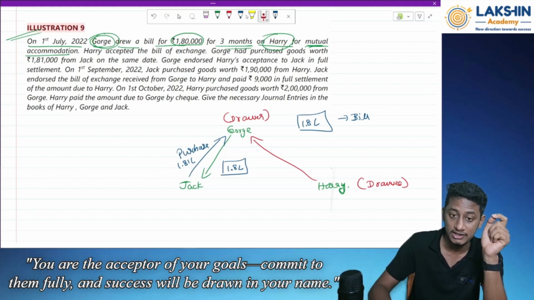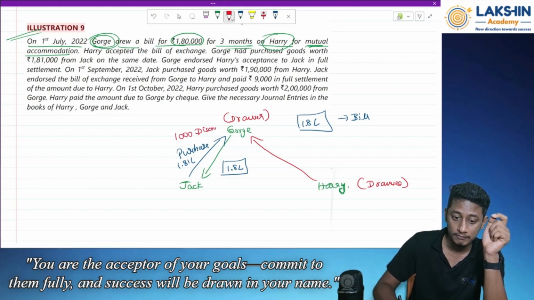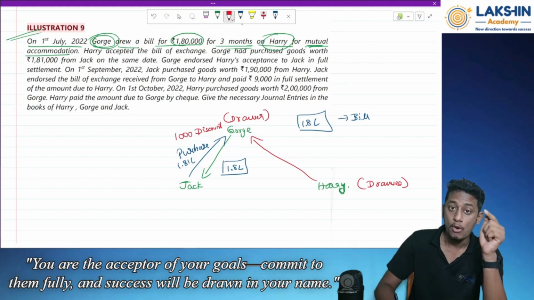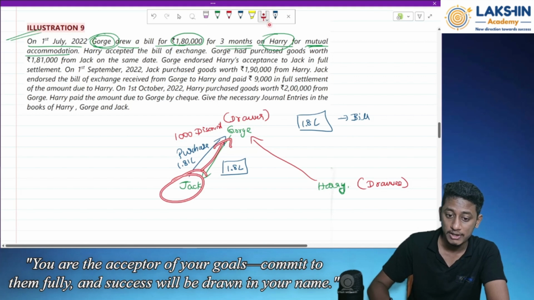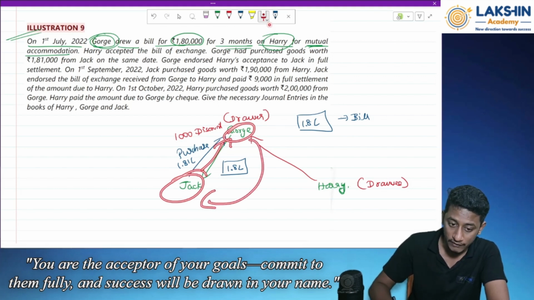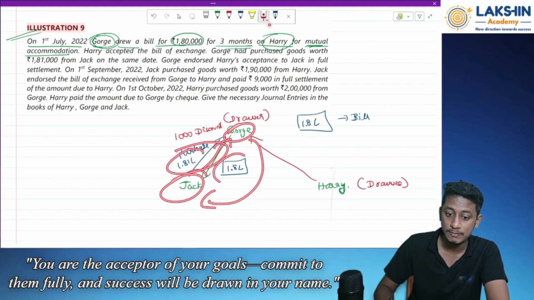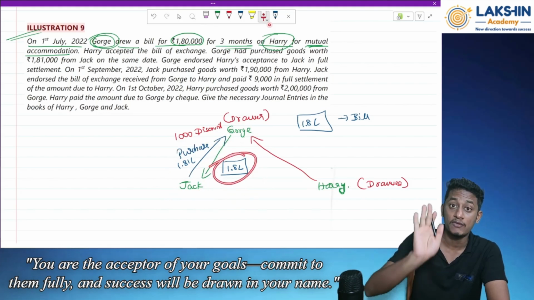So that means 1,000 rupees is a discount given. Who gave the discount? Jack has given the discount to George of 1,000 rupees, because George was supposed to pay Jack out of the 1,81,000 purchase, and he is paying only 1,80,000 worth of bill of exchange.